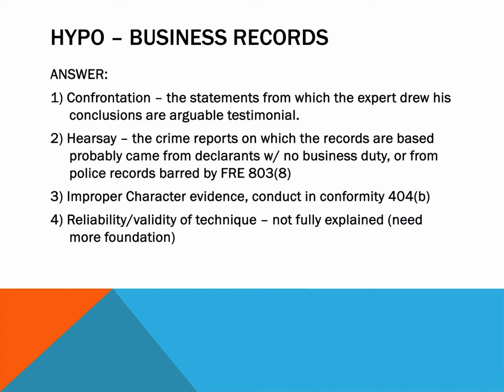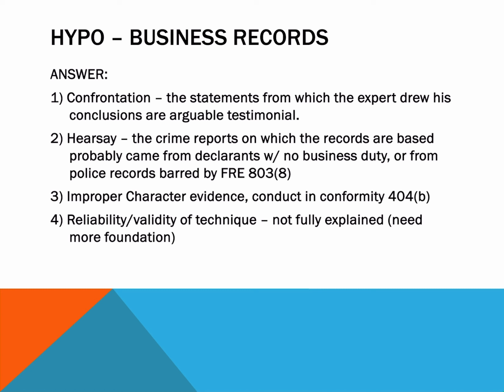Why else would we have it unless you are then trying to arrest these criminals and charge them with the crimes that you're tracking? You could also have a hearsay objection. The crime reports in the records are probably based on declarants with no business duty to report anything, or on police officers or police records that would be barred by our public records exception.